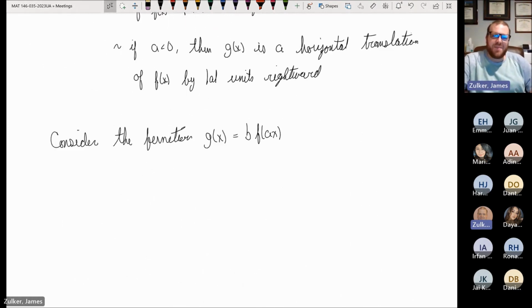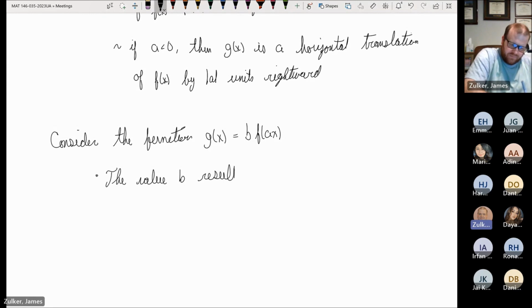Now look at b times f of ax. Call it distortion.